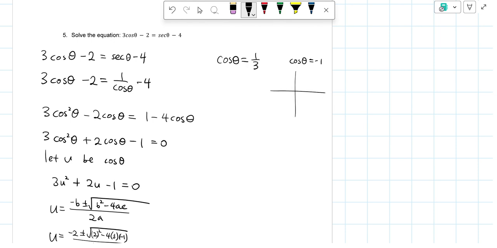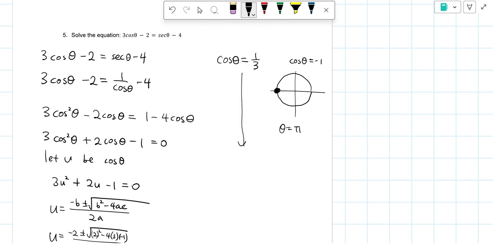So let's use a unit circle. Cosine theta represents the x coordinates of the unit circle. So when I say cosine theta is negative 1, it means the x coordinate is negative 1. There's only one point that does that. So at this point, I can say that my angle must be pi, half a rotation.